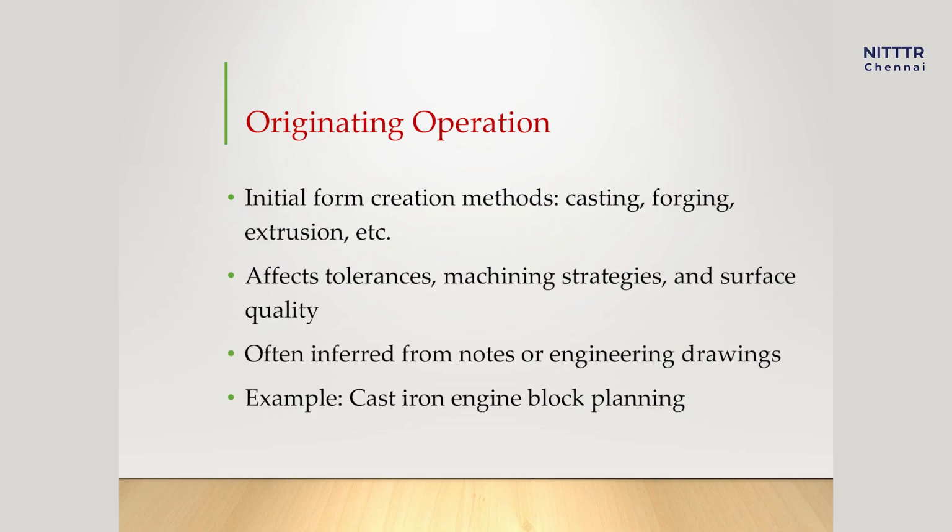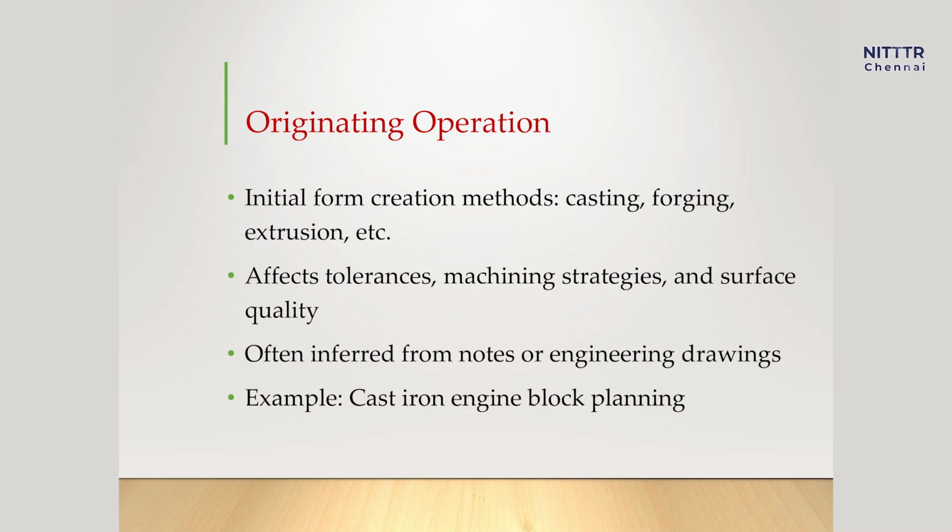First, let's take the originating operation. Before a part undergoes detailed machining or further processing, it is first created through an originating operation, which is the fundamental process that gives the workpiece its initial form. The process could involve casting, forging, extrusion, rolling, or other primary manufacturing methods.